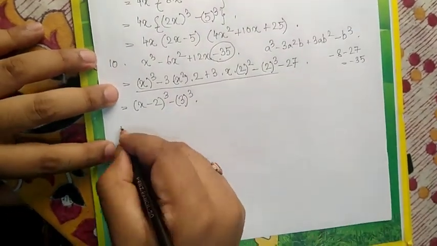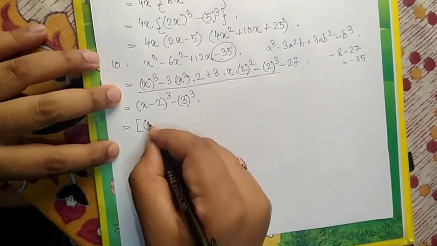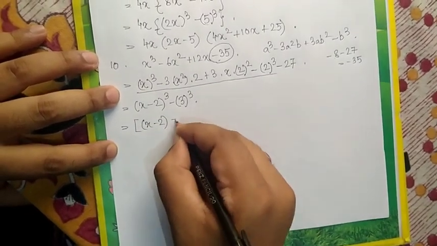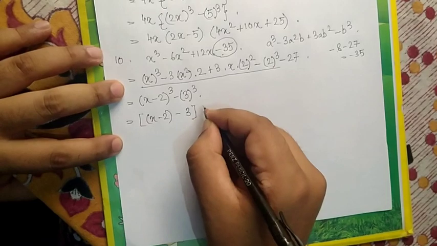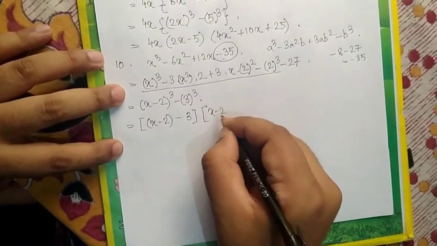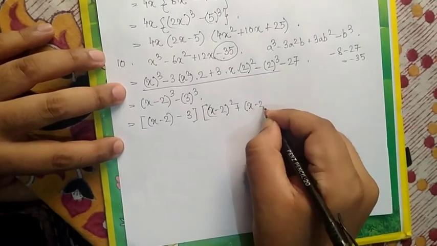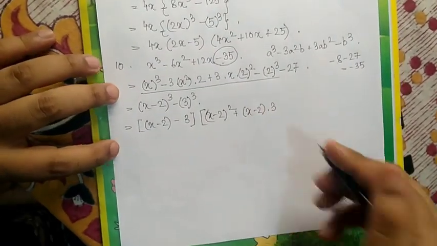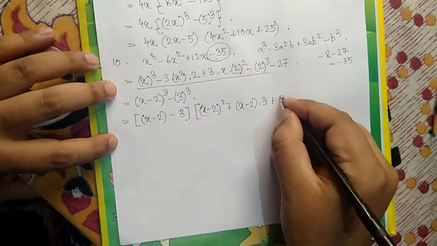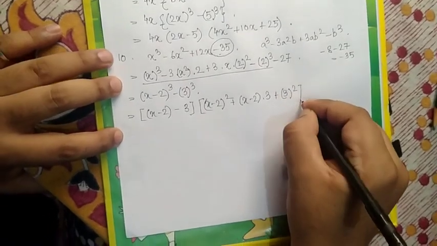a minus b whole cube, a minus b, a square plus ab plus b square.